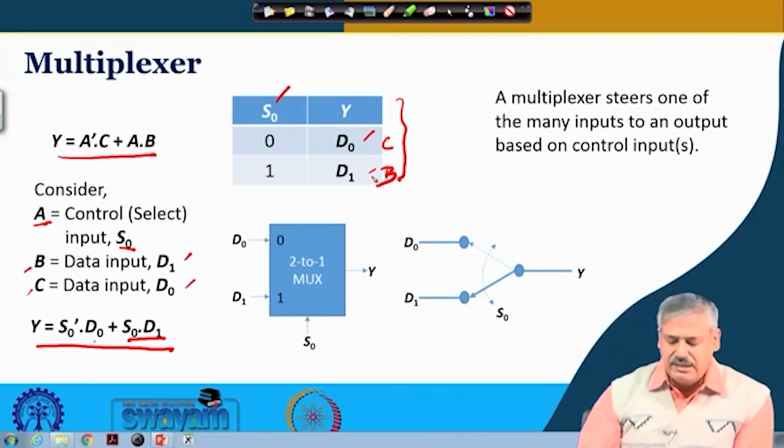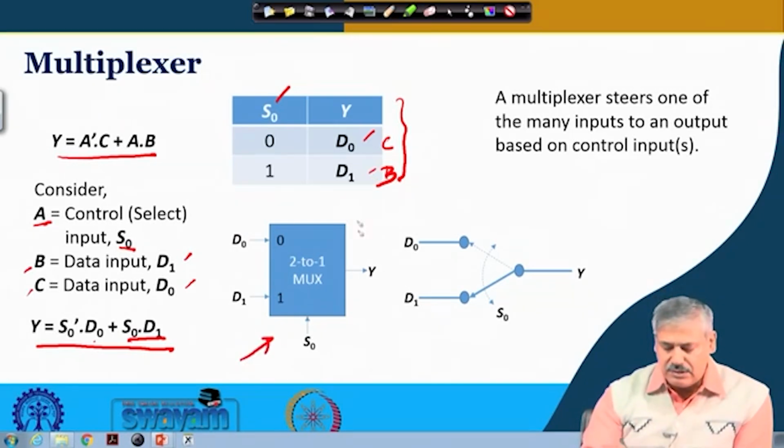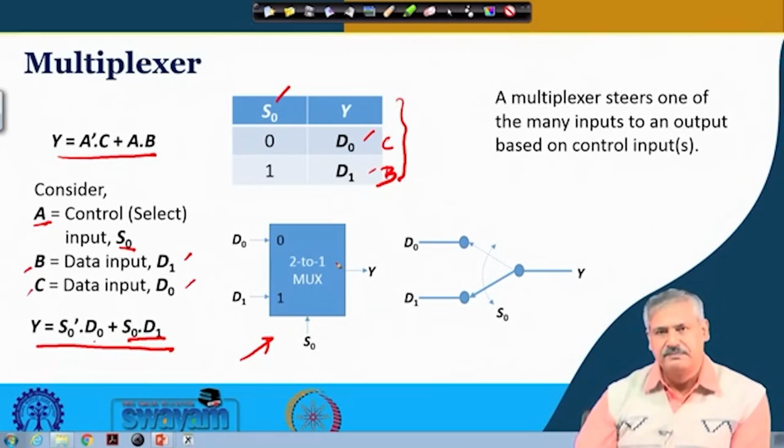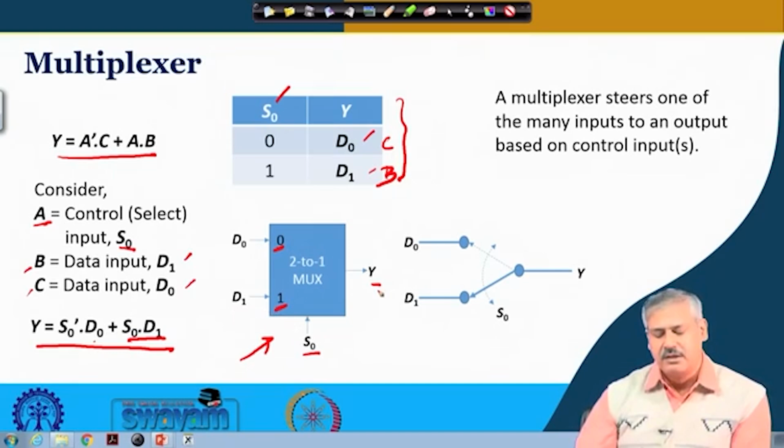And then we can represent it in the form of a block. So this is the block within which the hardware that we had seen before is there. Okay? 2 AND gates and 1 OR gate. So when S0 is 0, this is the control input, D0 is getting connected to Y. When S0 is equal to 1, D1 is getting connected to Y, right.